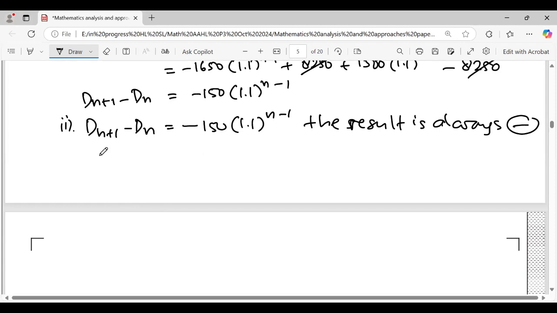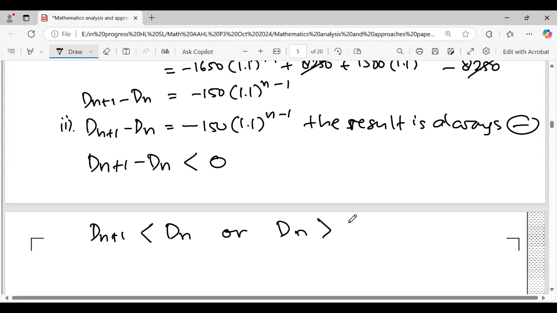If it is negative, we can state that Tn plus 1 minus Tn is always less than 0. If less than 0, then Tn plus 1 is less than Tn, or Tn is greater than Tn plus 1. It means we can state that the predicted number of trout at the start of any year will be greater than at the start of the next year because of this conclusion.